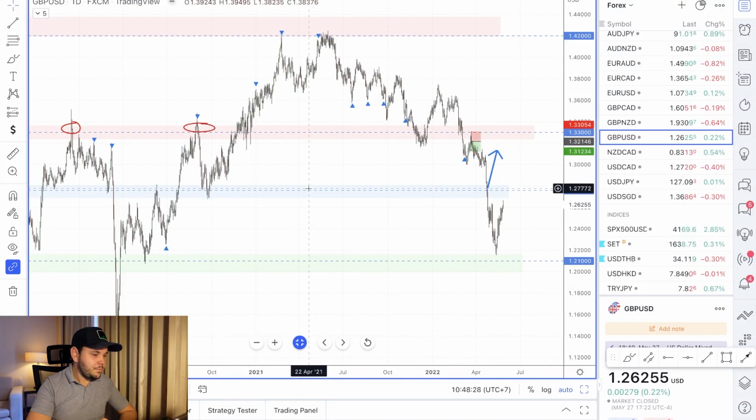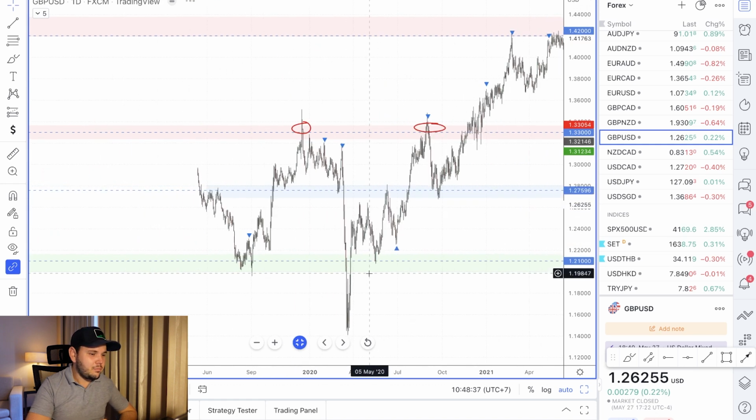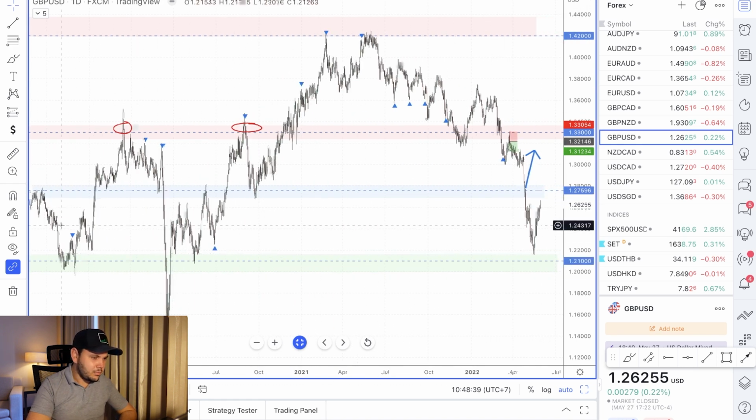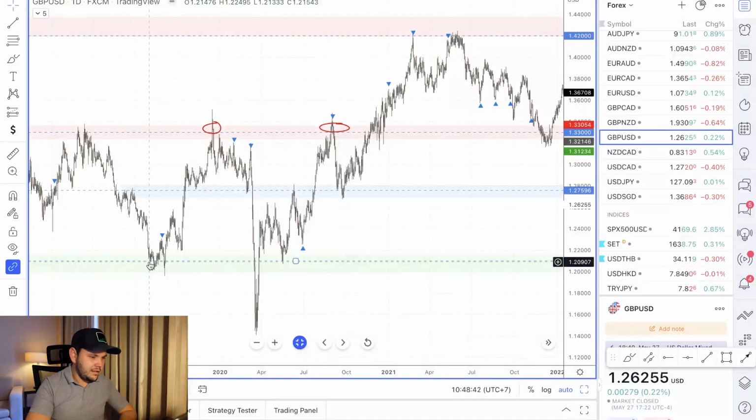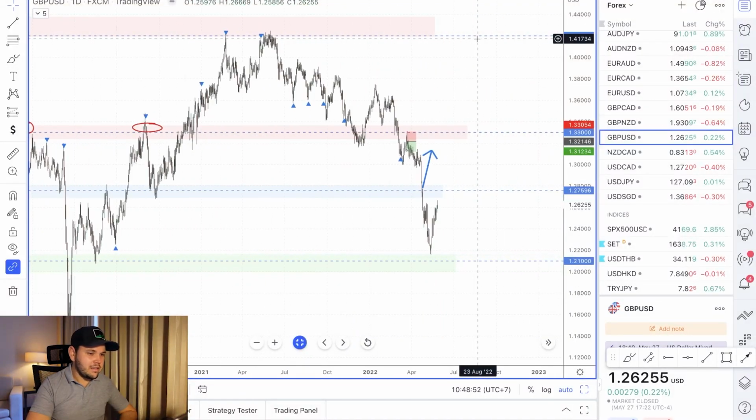We have this other one here at 1.28 or so, or 27.5, where price bounced many times in the past. But if we see here, price is kind of within the range for the past couple of years. Actually 2019 or so. We've been at this level, we bounced many times, right? This is 1.21. We bounced here, came back up, bounced here, came back up more, and then right back to bounce to the same level again.